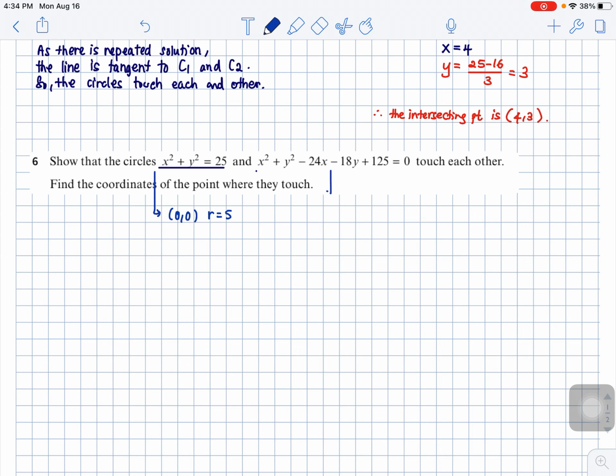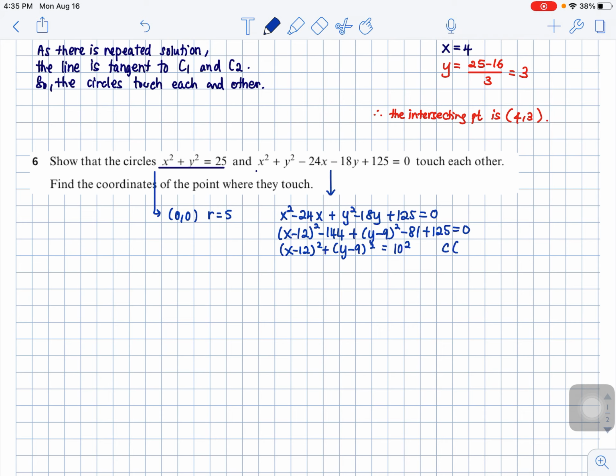Similarly, you rearrange this. You do the completing of the square. What do we get? 100, which is 10 squared.